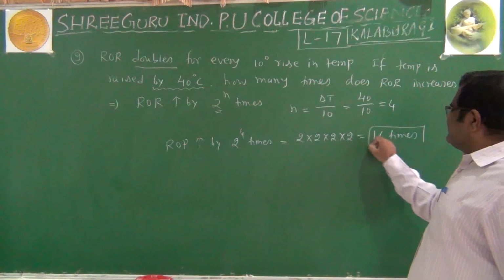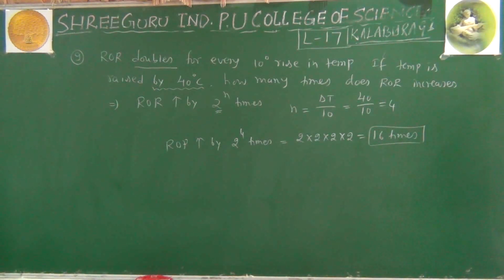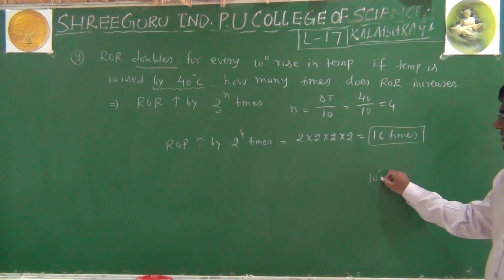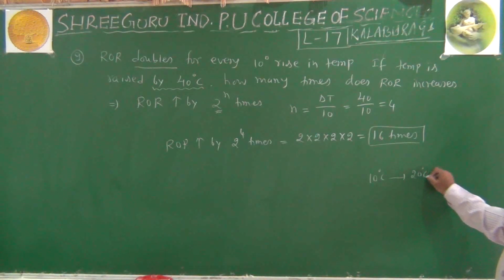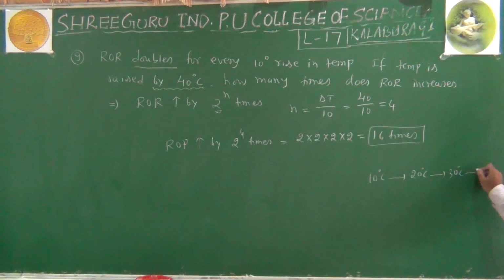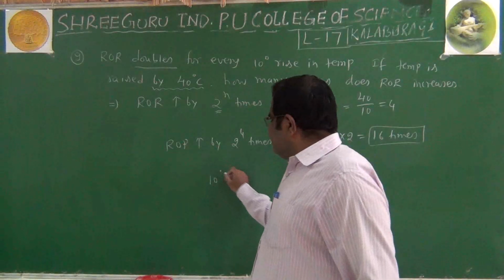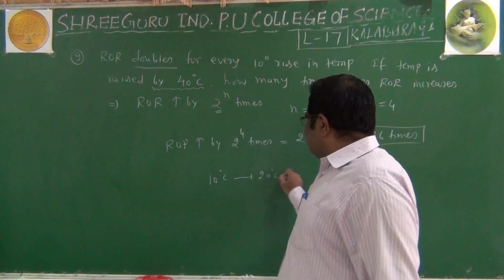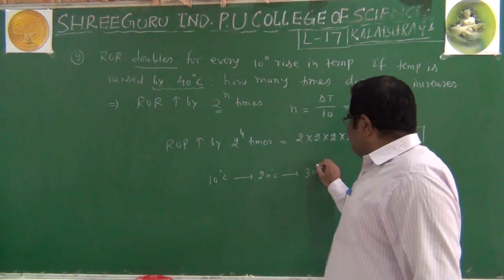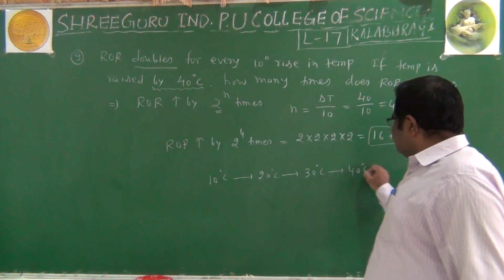Rate of reaction increases by 16 times, because this is 10 degrees Celsius to 20 degrees Celsius to 30 degrees Celsius to 40 degrees Celsius.